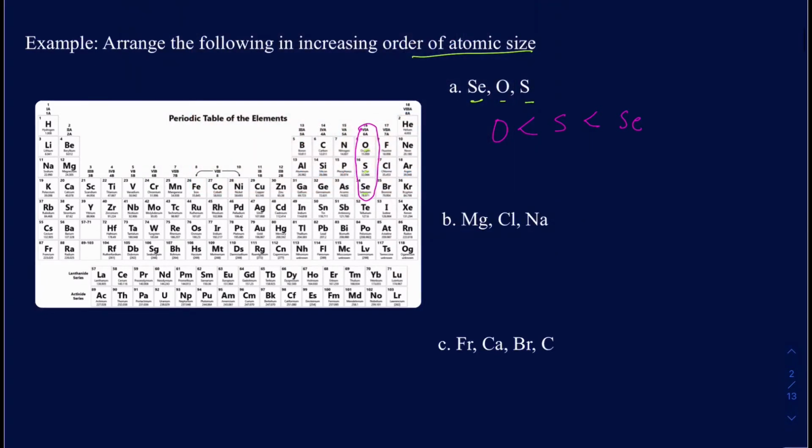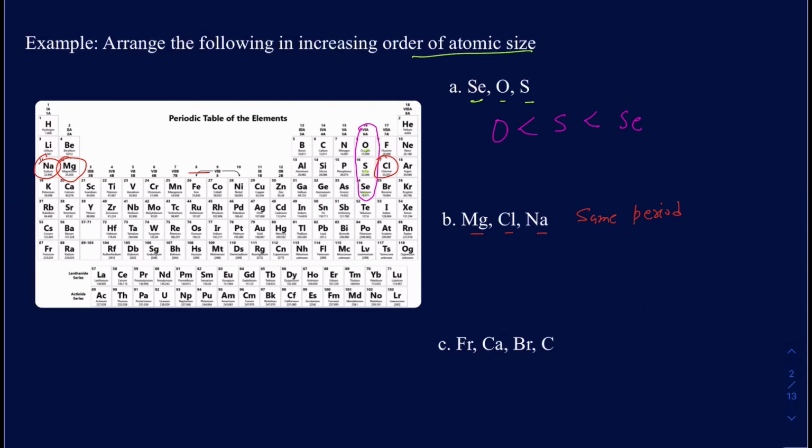Let's suppose I have magnesium, chlorine, and sodium. So my magnesium is right there, my chlorine is right there, and my sodium is right there. So I can clearly see they are actually in the same period now.